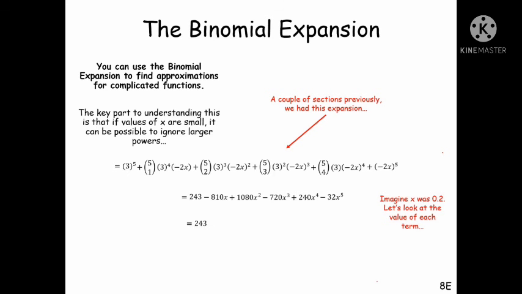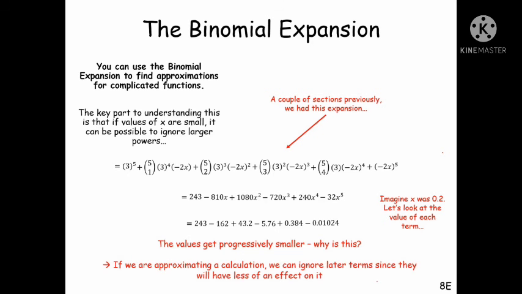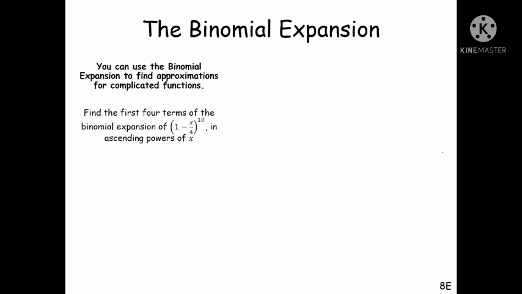Let's look at the value of each term. 243 minus 162 plus 43.2 minus 5.76 plus 0.384 minus 0.01024. The values get progressively smaller. Why is that? Why do they get smaller every term you go down the list? Well, if we are approximating a calculation, we can ignore later terms since they will have less of an effect.